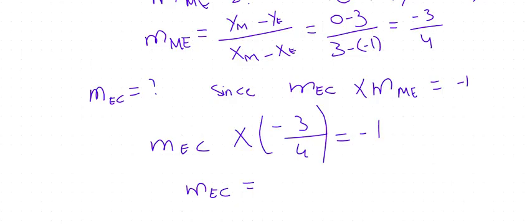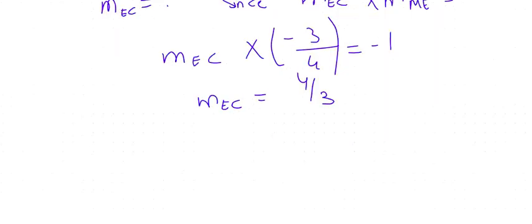Now the gradient of EC is 4 by 3 and the point E is (-1, 3). Find the y-intercept using the equation. So we have 3 equals 4 by 3 times -1 plus c.